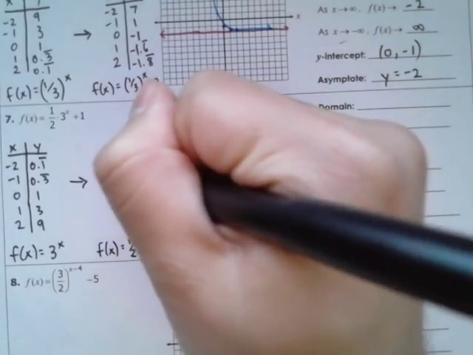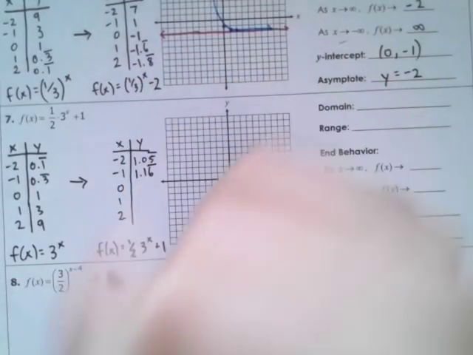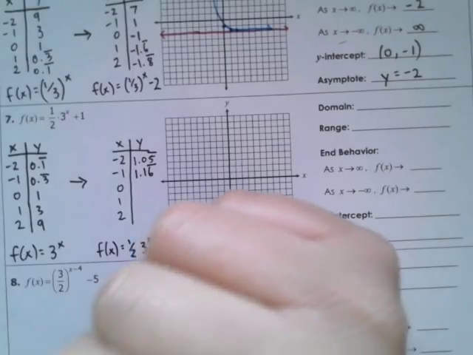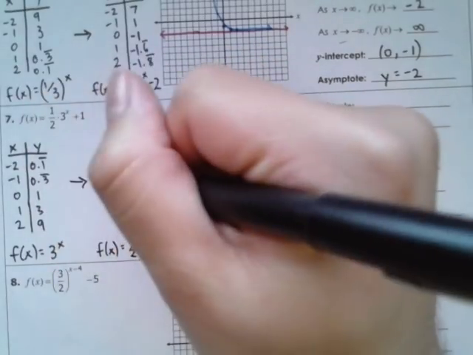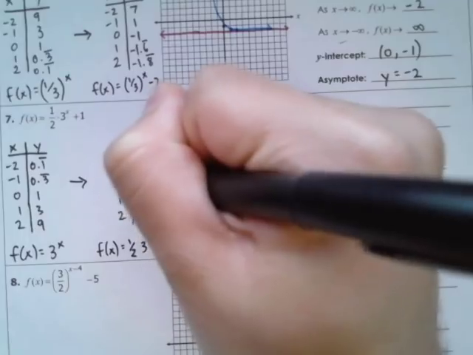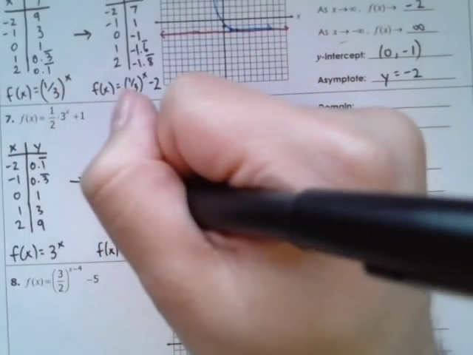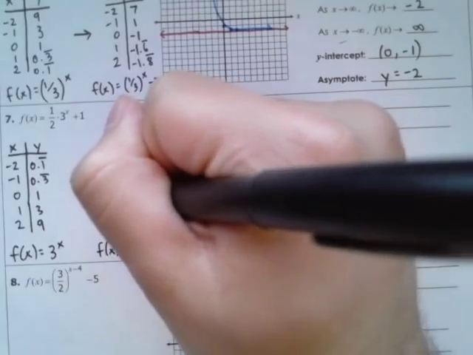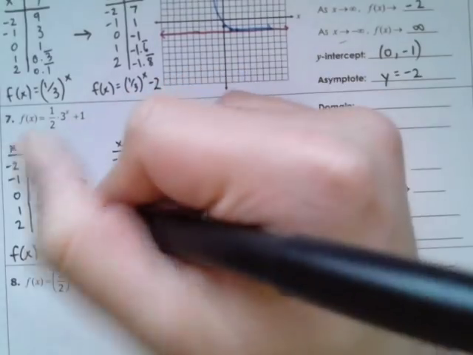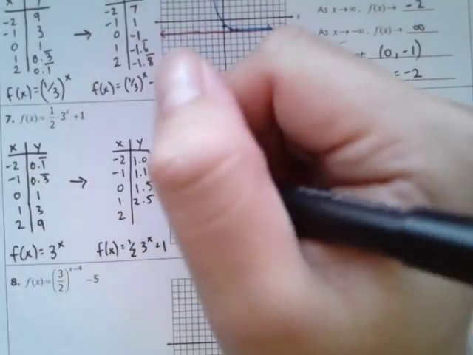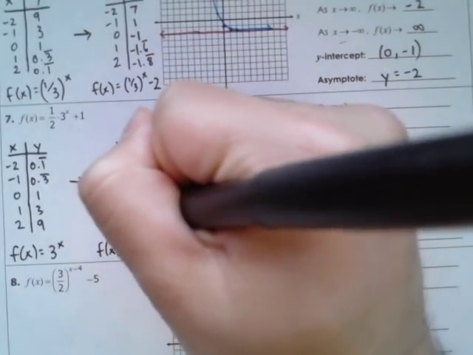Add 1, so you get 1.16 repeating decimal. Half of 1 was 0.5. Add 1, I get 1.5. Half of 3 is 1.5. Add 1, I get 2.5. And then half of 9 is 4.5. Add 1, and I get 5.5.